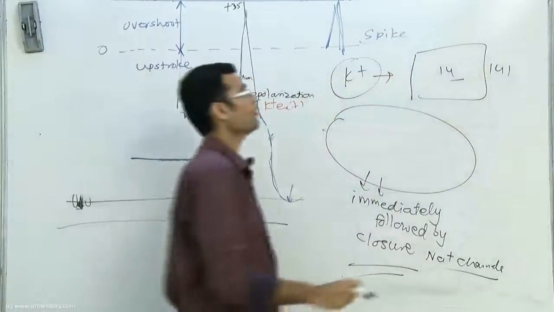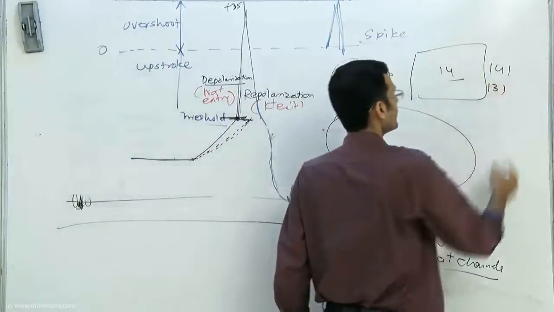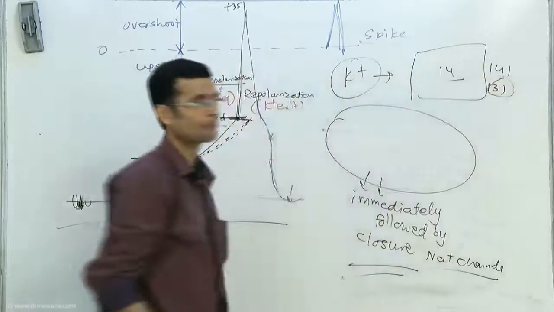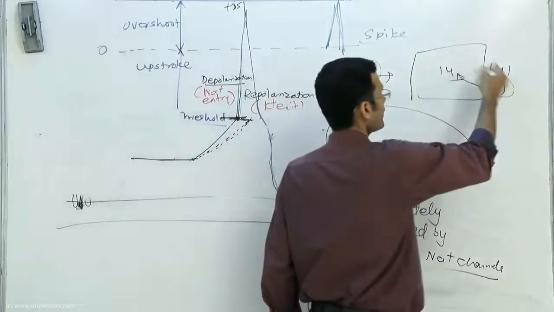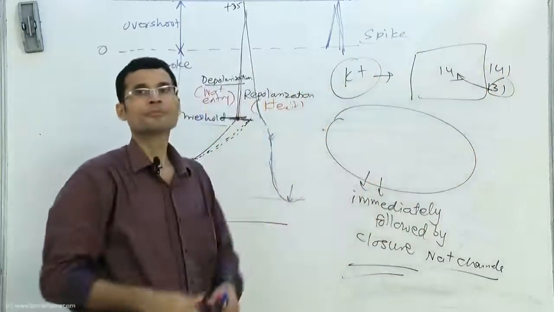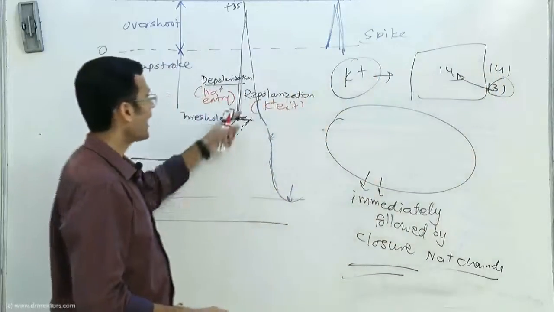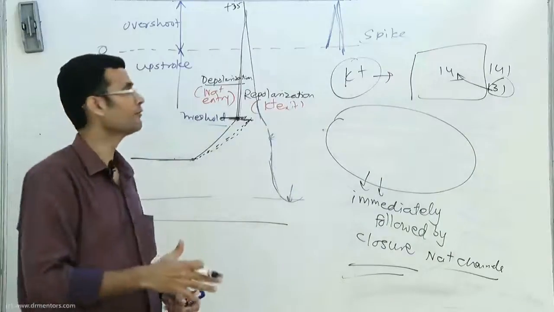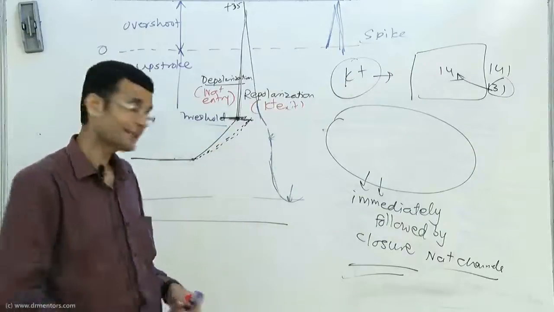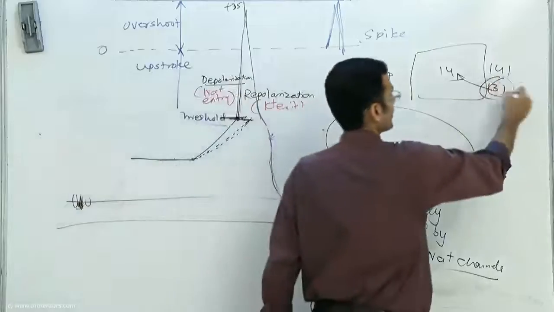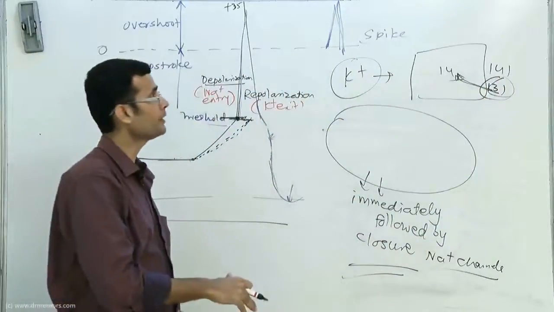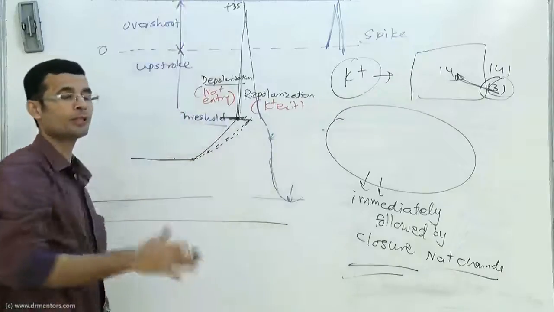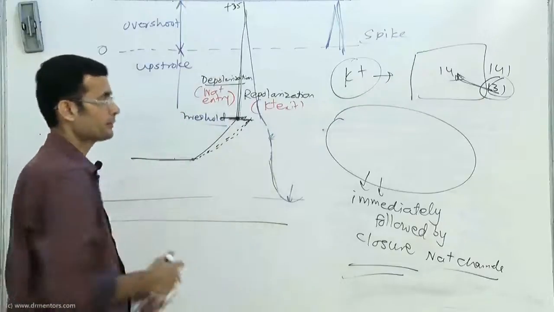Imagine a condition of hyponatremia. Instead of 141, the serum sodium is 131. The concentration gradient is narrowed, and that means at threshold, that massive influx of sodium, less sodium will come in. Fewer positive charges will come in, and therefore the amplitude of the action potential will decrease.